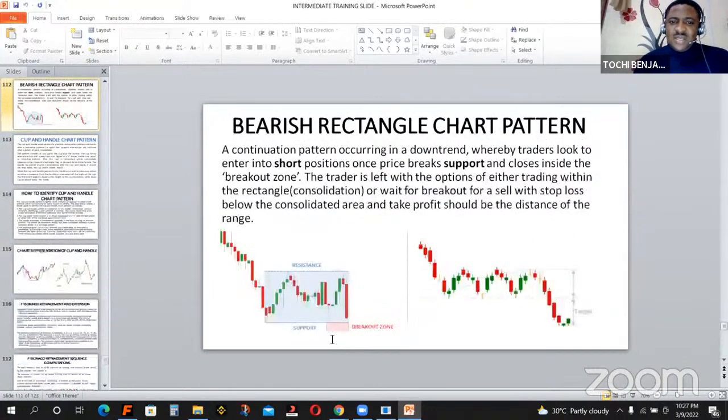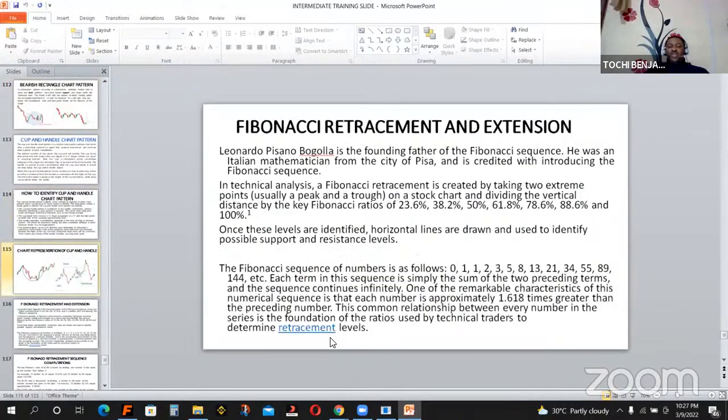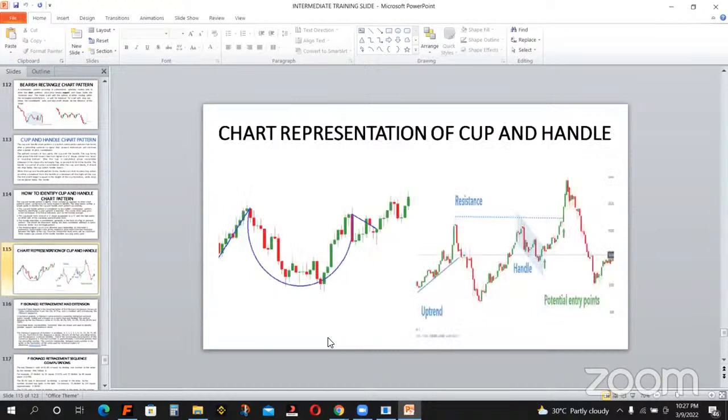So you have so much on chart pattern. If you have not gotten your manual, you can request for the manual so that you read in advance and when you start on Friday.